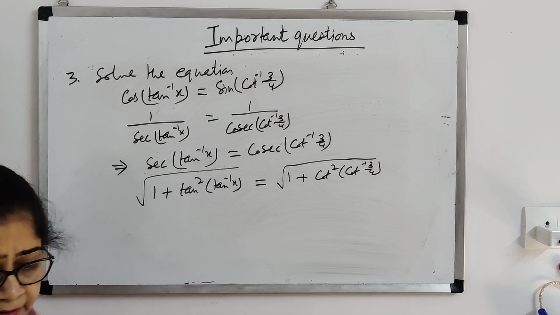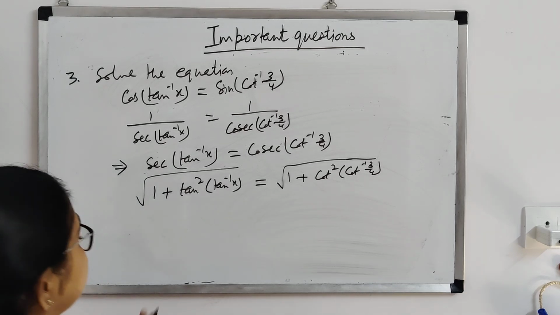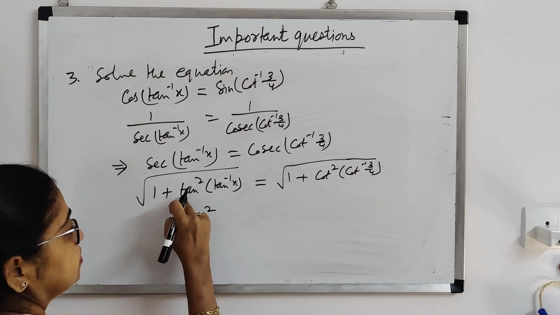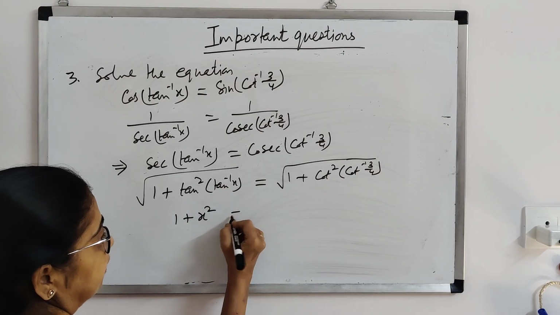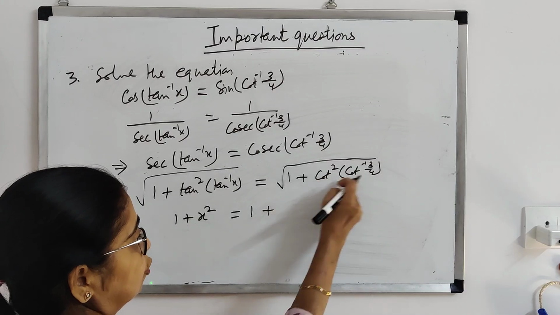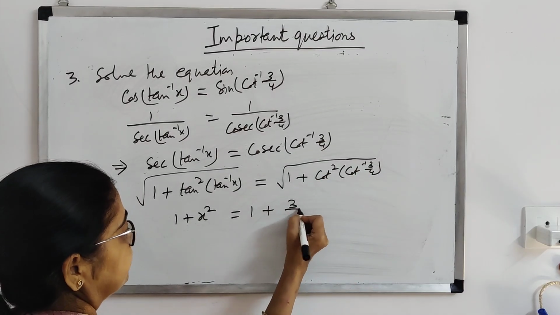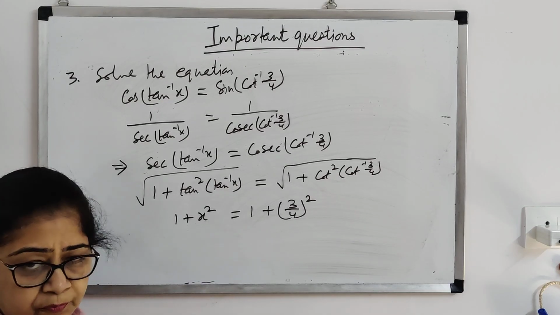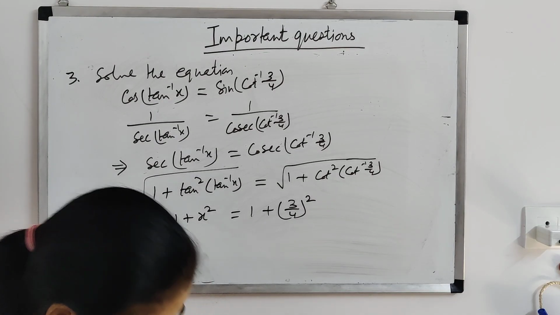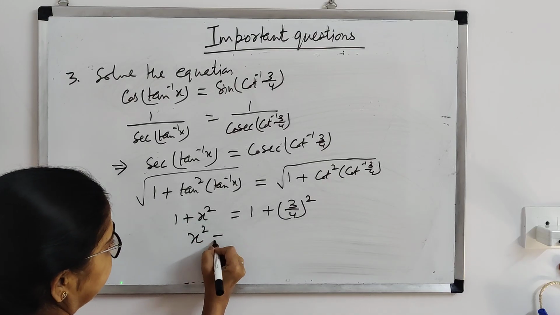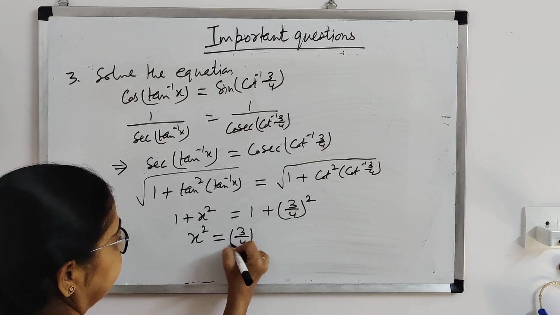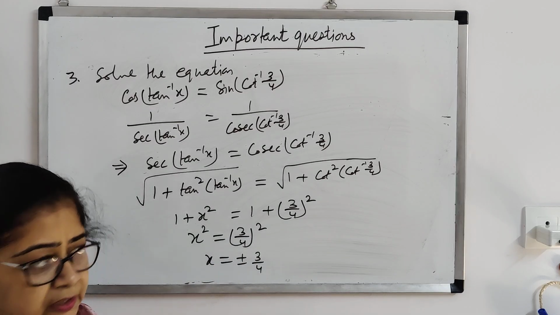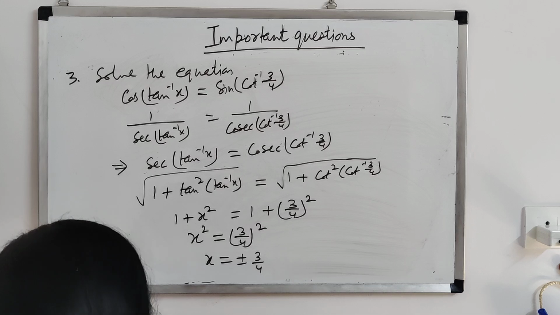So you can cut the square root from both sides, and this will be 1 plus x square, because tan of tan inverse x is x, and this is 1 plus cot of cot inverse 3/4 raised to power 2. So 1 can be cancelled from both sides. So your x square is 3/4 raised to power 2, x is plus minus 3/4. So this is the answer for this question.